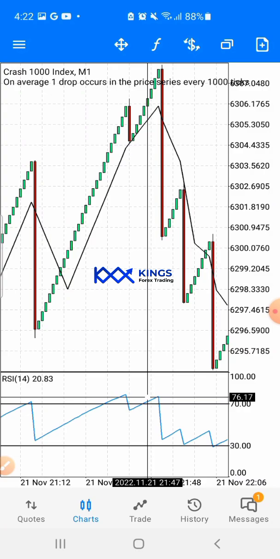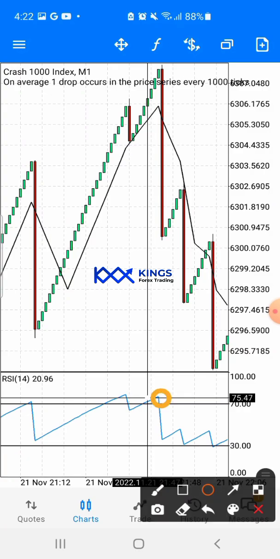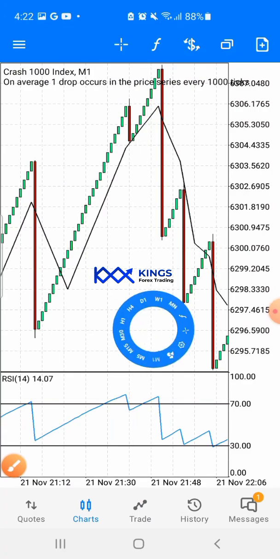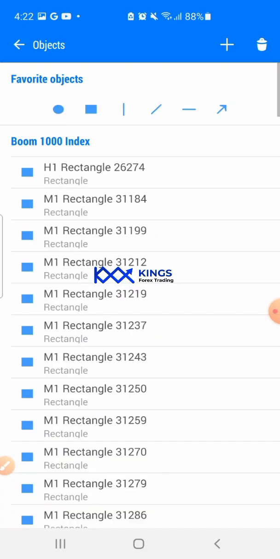This swing high here is lower than this one, while on the main chart this is higher than this. So that is a divergence right there. It is a reversal pattern, so once you see it, you make entry. Let me pick a line so that you understand this well.